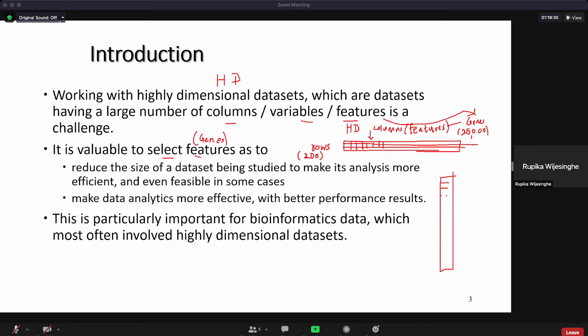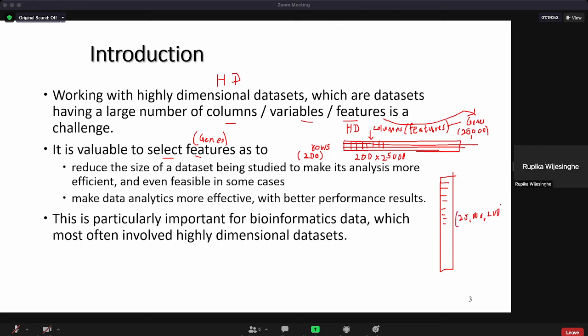In that sense also, we can say it is 200 into 25,000. So in here we can say 25,000 rows and 200 columns. Okay.